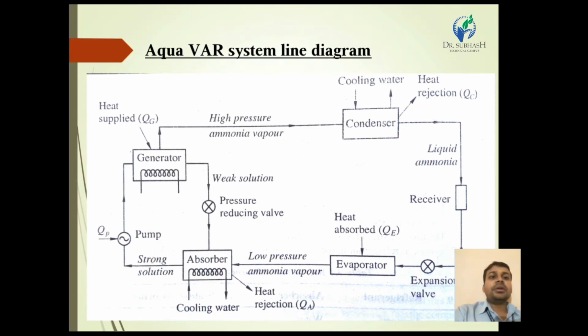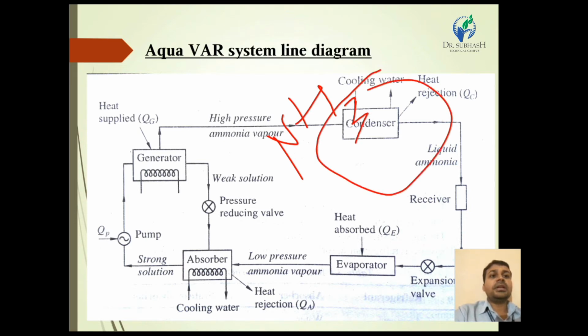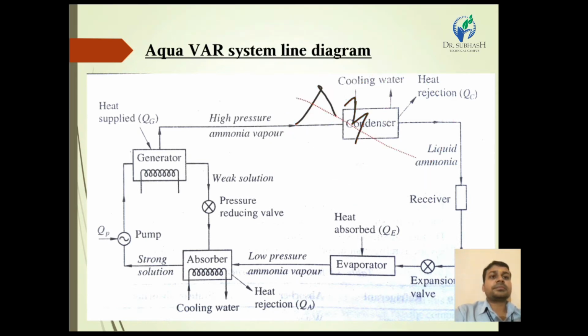Then only NH3 vapor passes through the condenser, and the condenser converts it to liquid refrigerant. The maximum heat is removed in the condenser. At constant temperature, through latent heat, NH3 vapor is converted to liquid NH3.